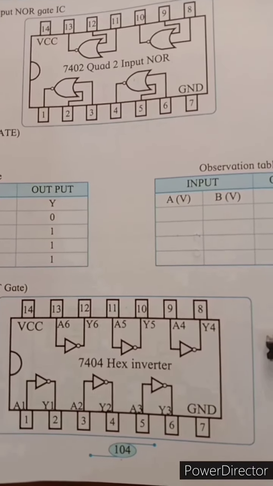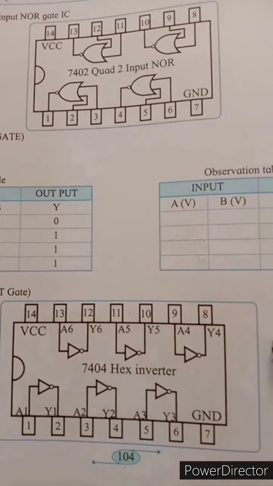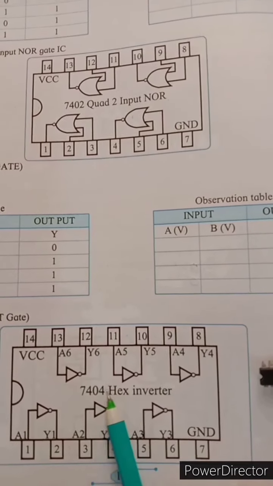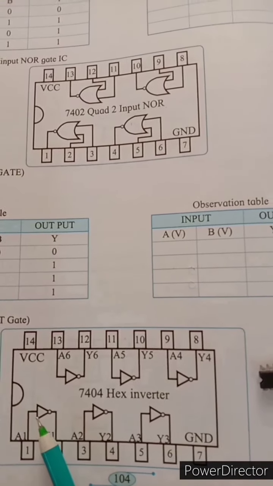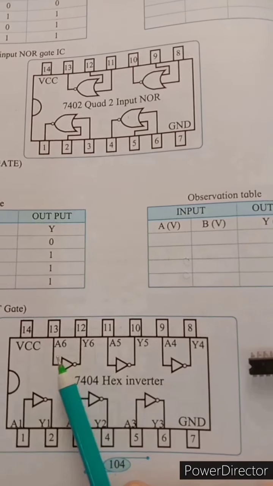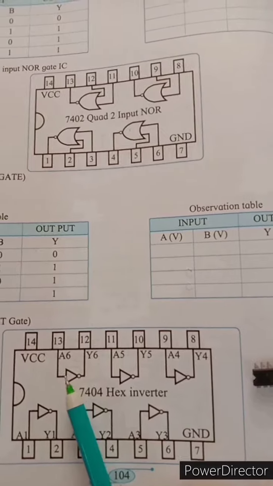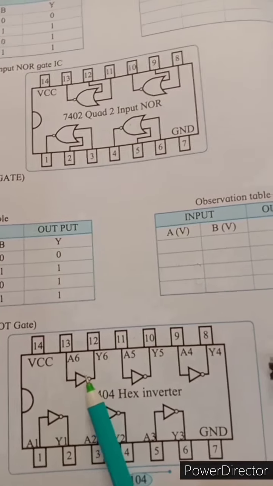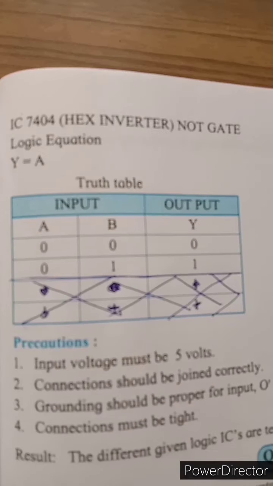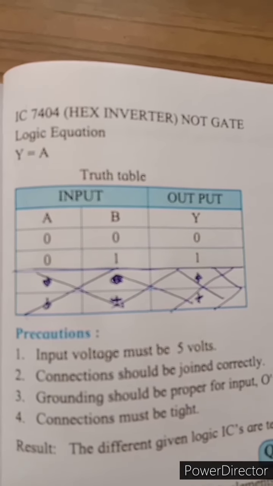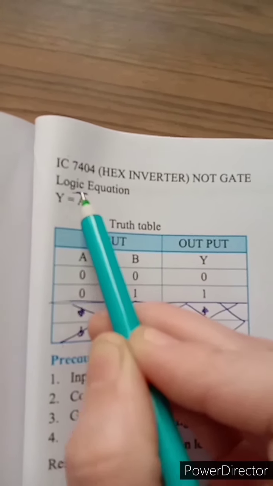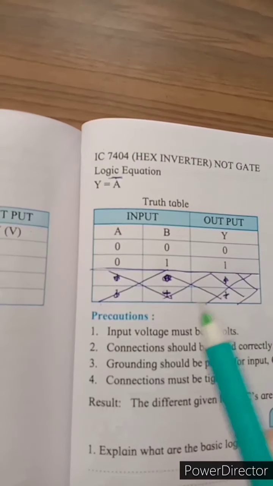Now let us see the circuit diagram of a NOT gate. The IC number is 7404. This IC consists of 6 NOT gates. NOT gate is nothing but the inverter. It has only 1 input and 1 output. So the Boolean equation for the NOT gate is Y is equal to A bar. That is just the inverse of the input.